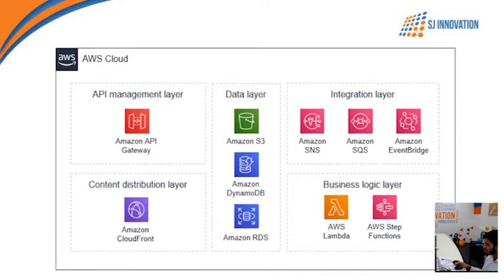EventBridge helps us send that data from your application or any third-party apps that you may use, like Zendesk or other services such as Zapier. All those different services you can integrate with your application using EventBridge. Whatever events are triggered on your application can be sent over to another application where you will work with that information.